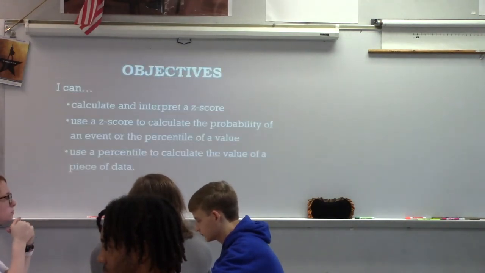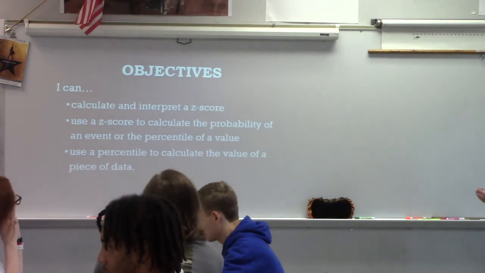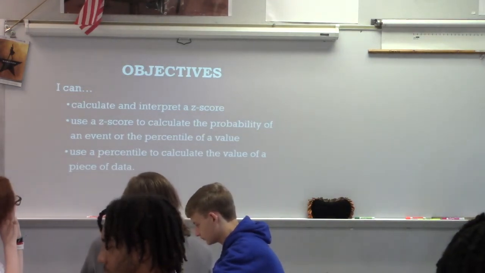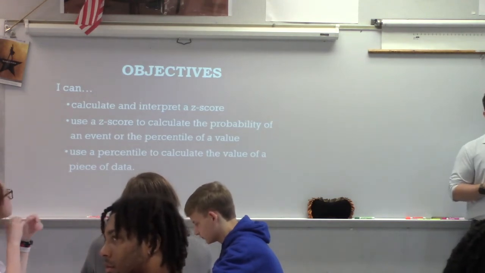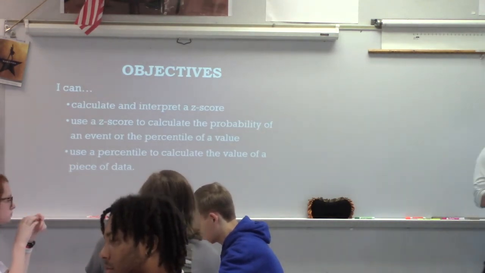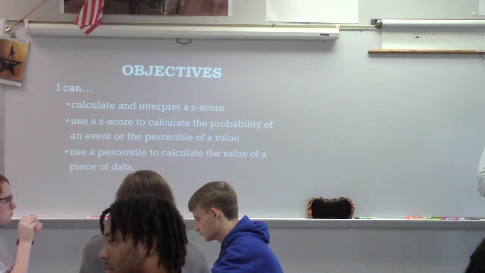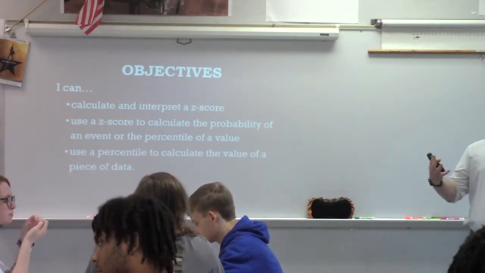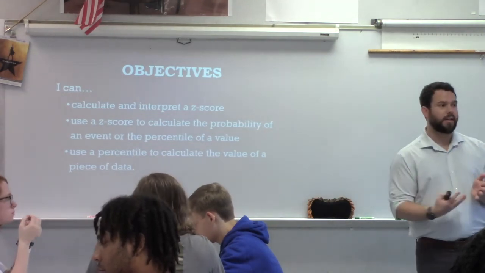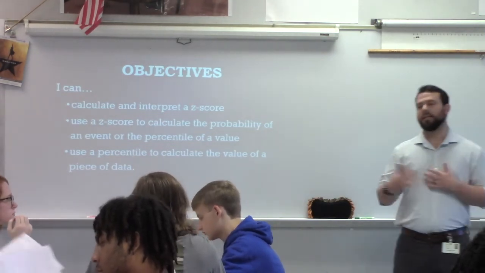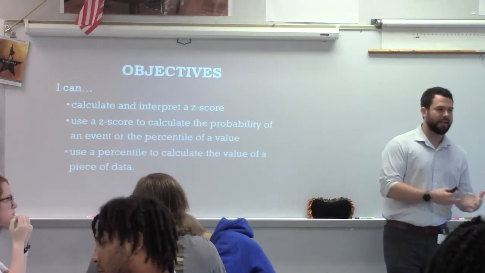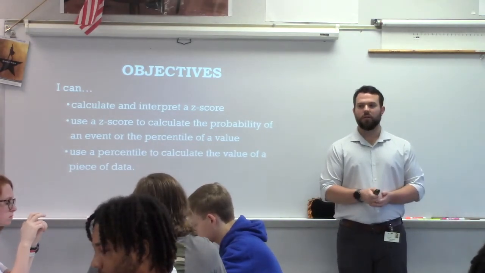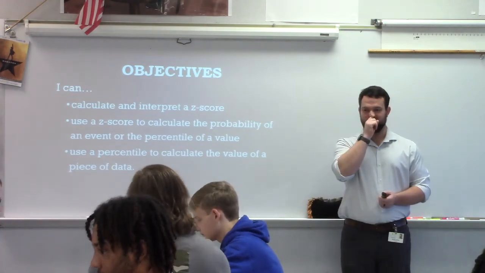Okay, from there, objectives. I can calculate and interpret a z-score. We started talking about it a little bit yesterday. Does anyone remember what we mean by a z-score? You can have a z-score of 1 and a z-score of 2 and a z-score of -2. So what do we mean by a z-score? If you don't know this answer, then we need to learn this very clearly.